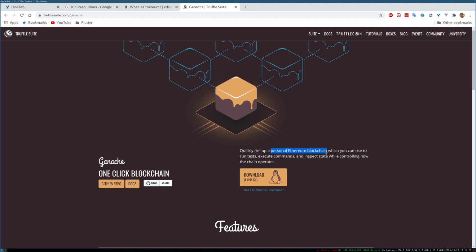Instead, what we have is this development environment, which mimics the exact same workings as the Ethereum blockchain in terms of rules. The rules will be exactly the same, but the starting point would be yours, would be ours, and then the data in there would obviously be very different than the official blockchain.